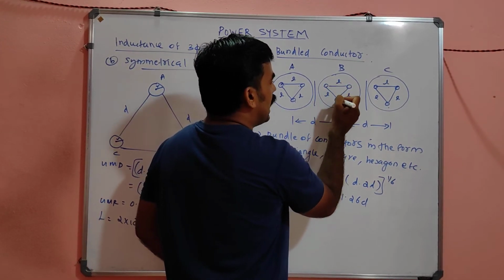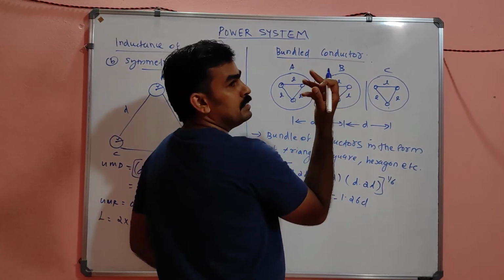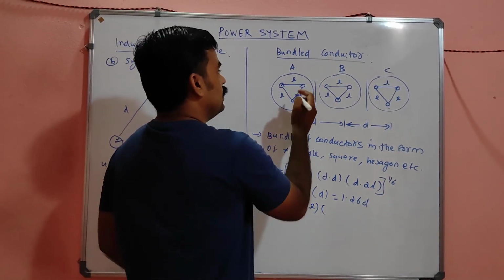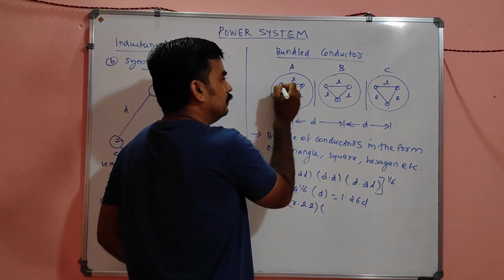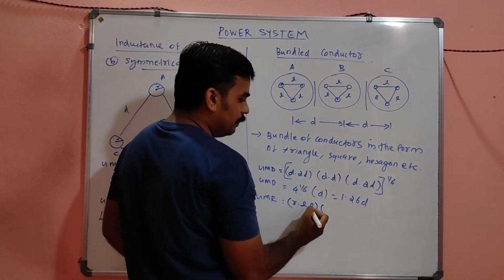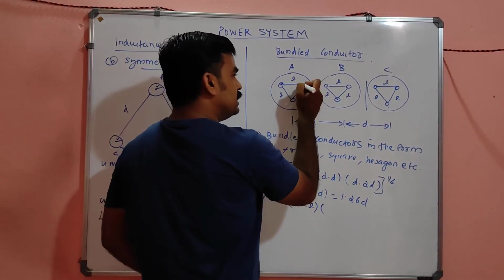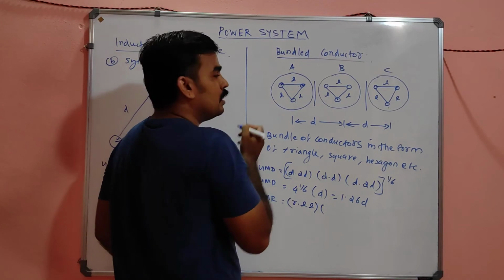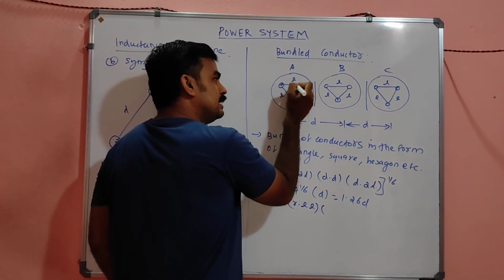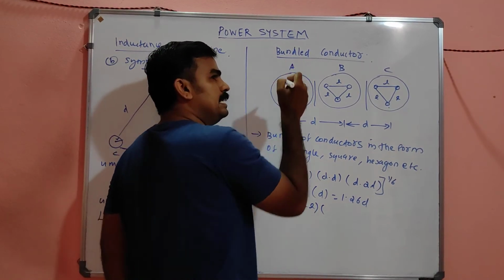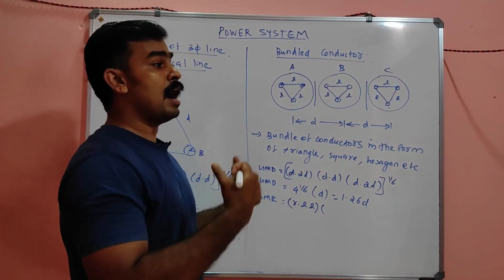In the same manner, focus on this radius, because there are 3 phases and you have to consider all 3. This is the conductor you considered: R into L into L. GMR means self, not other. These 3 conductors constitute a phase, so under a phase 3 conductors are there, and 3 are self.